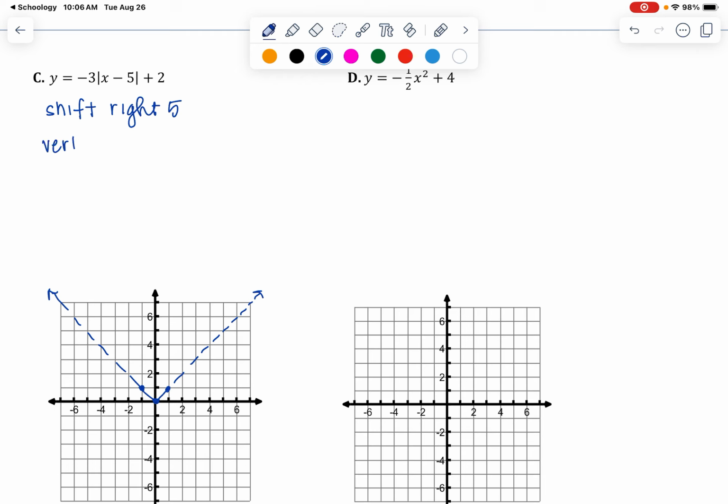So I'm going to say vertical stretch by a factor of 3. And then there's also a vertical reflection because of that negative. And then lastly, I'll talk about the vertical shift up 2.